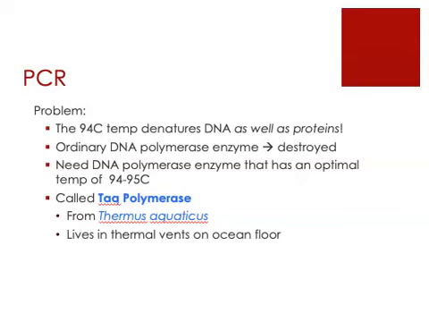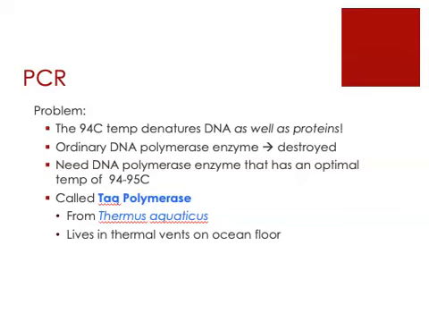Now, I want to address why we need this special form of DNA polymerase for PCR. Remember, the first step involves us heating up the reaction tube to 94 degrees centigrade. That's the temperature that's required to denature DNA, to separate the two strands of DNA.